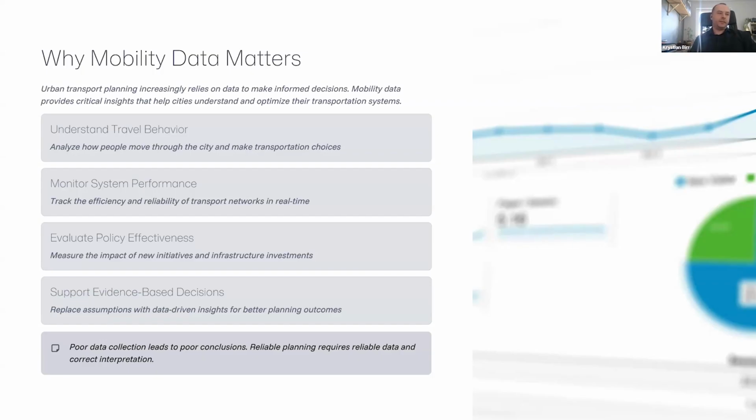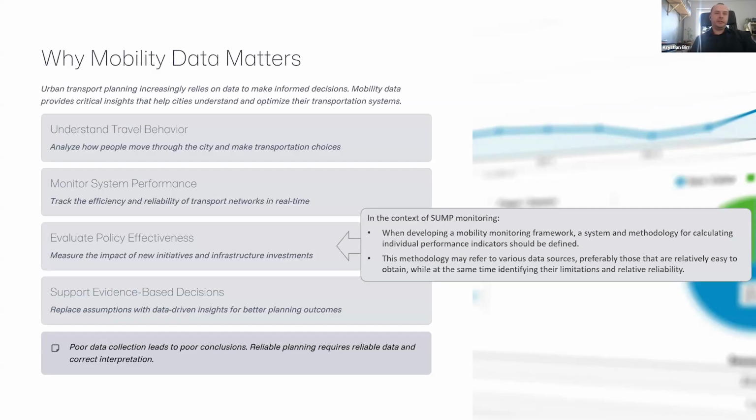Why do we need that data in other cases? It's important to evaluate our policy effectiveness. So we are preparing some SUMP, for example, and especially in the context of SUMP, this type of document should include a structured system and a clear methodology for monitoring the effects of implemented measures using measurable indicators, rather than relying on general trends, I think.